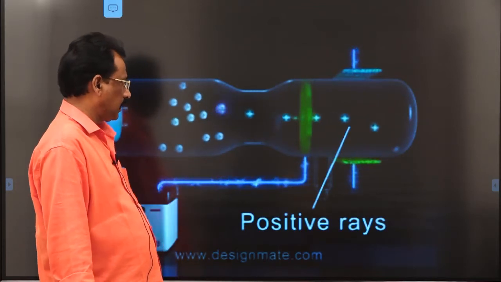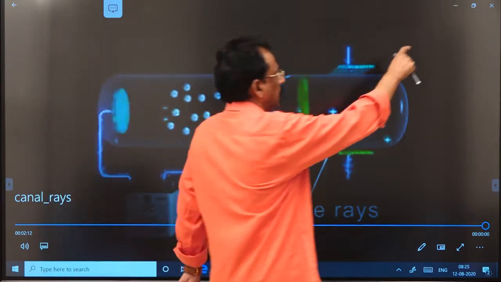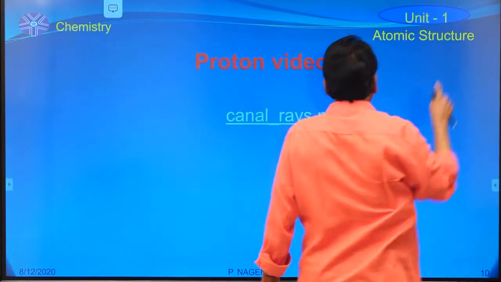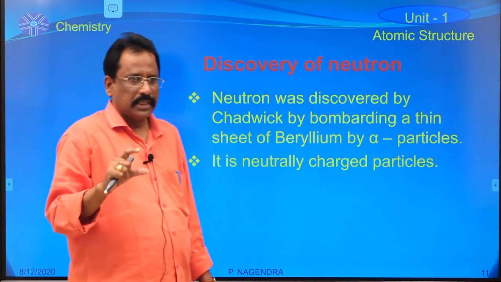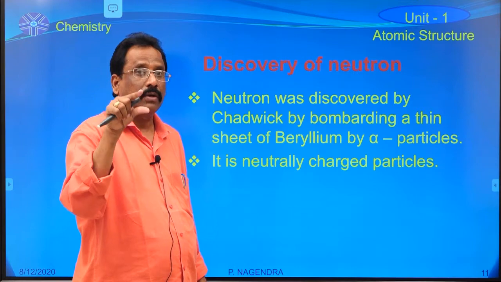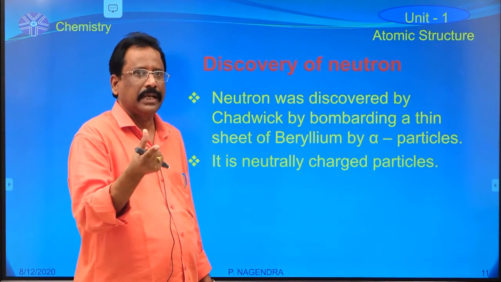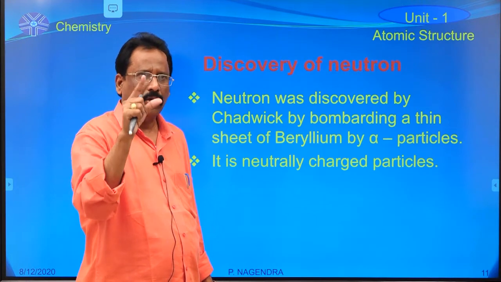So this is about the discovery of the fundamental particle like proton. The main difference between these two is that from gas to gas, the specific charge of the proton varies, while the specific charge of the electron remains constant.